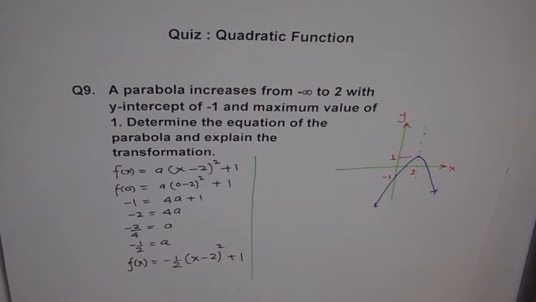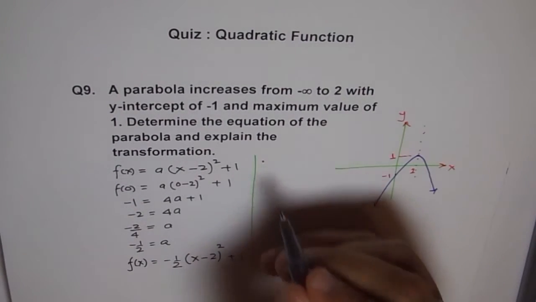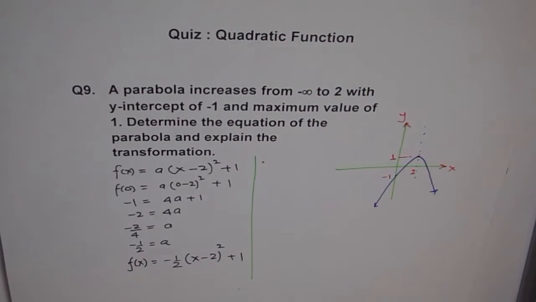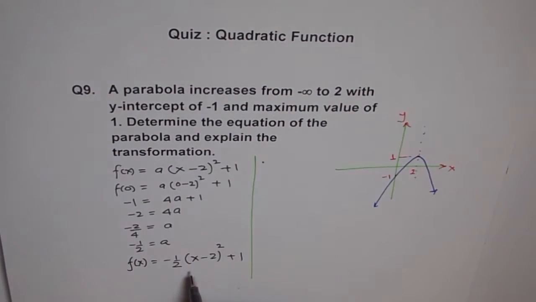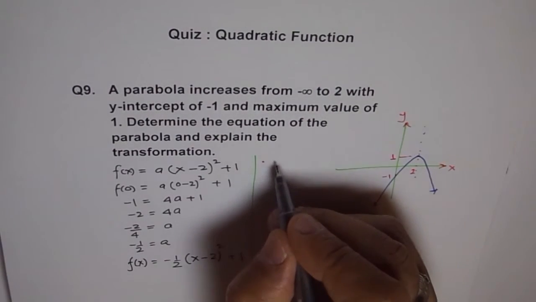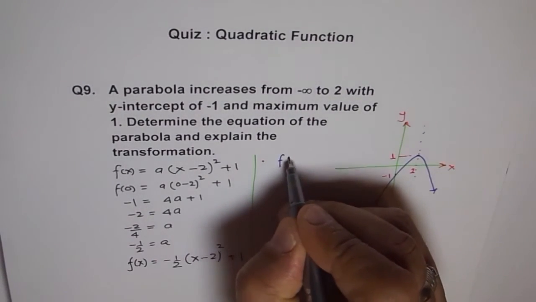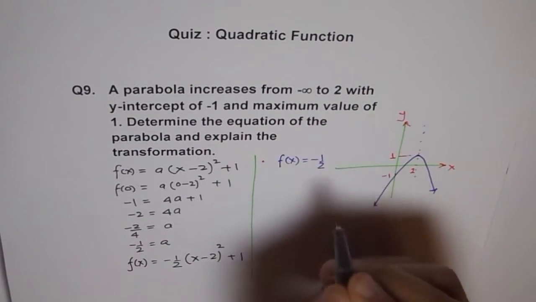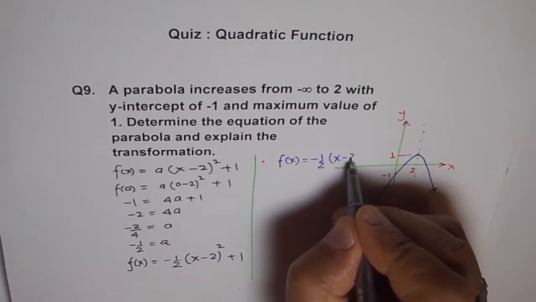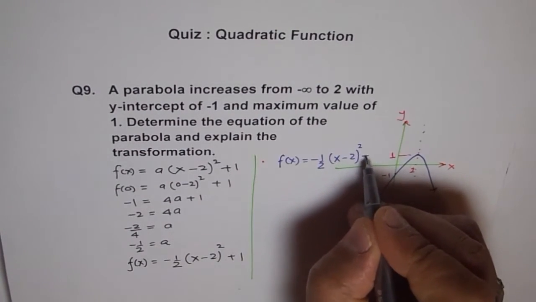We are assuming the parent function to be x squared, so we are comparing this with the parent function x squared. Let me write down this function again: f of x equals minus half times x minus 2 whole squared plus 1.